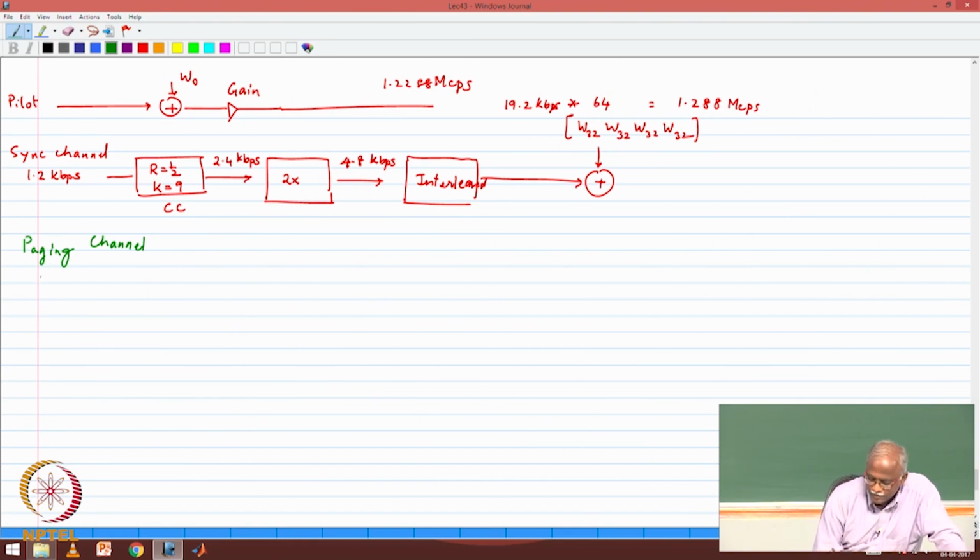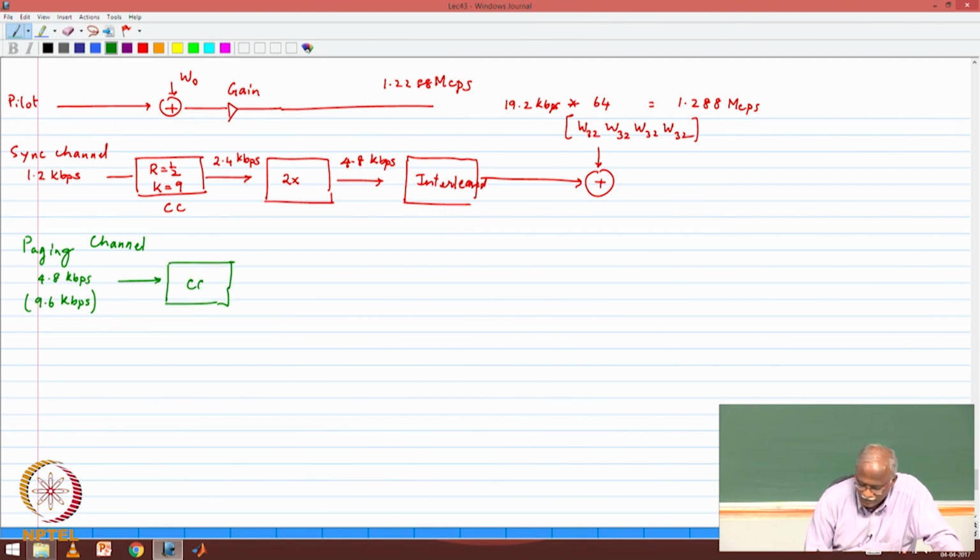For the paging channel, 4.8 kilobits per second is the basic rate. It can be 9.6 kilobits per second if it is a large cell, depending on how it is. This again is convolutionally coded, rate 1/2, constraint length 9. So 4.8 will become 9.6 kilobits per second.